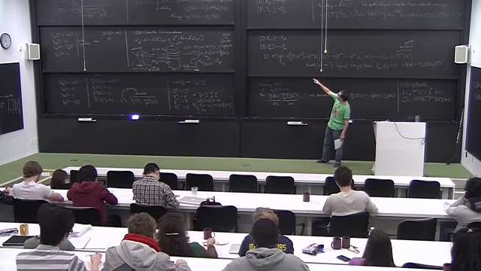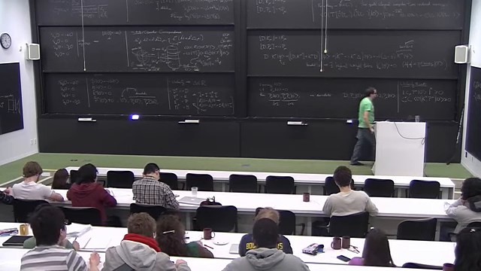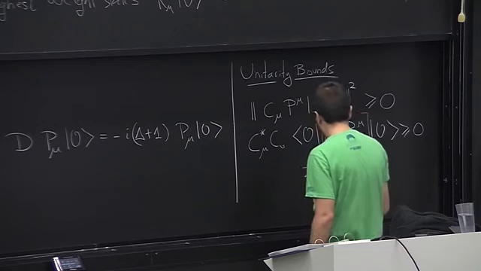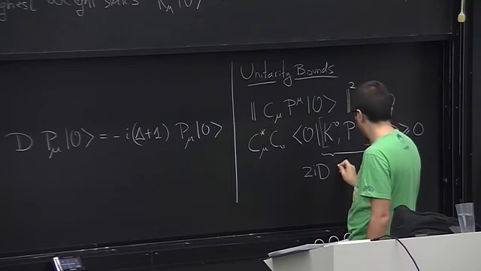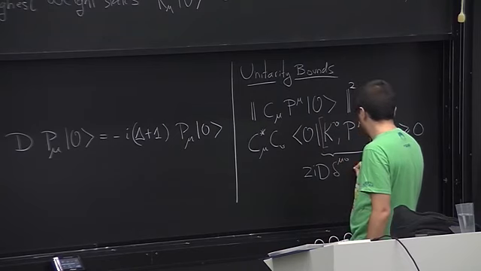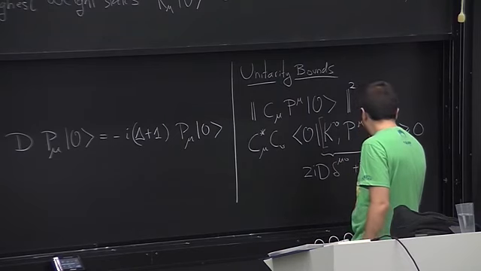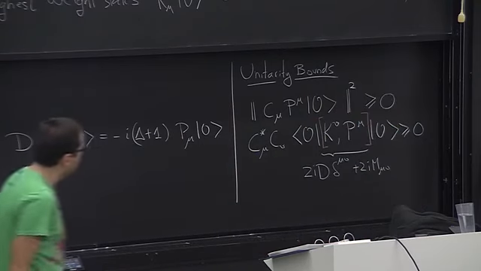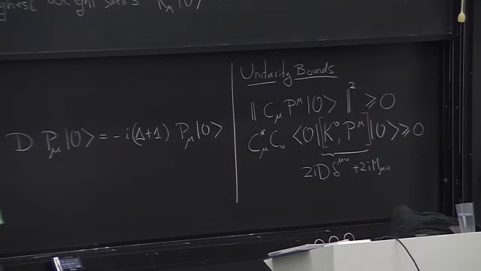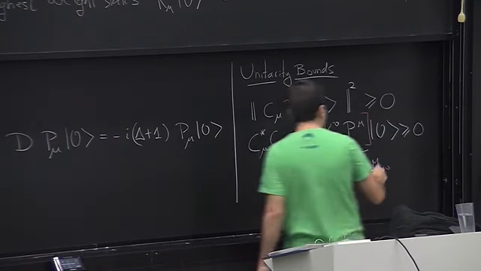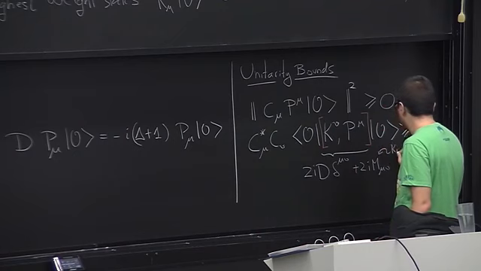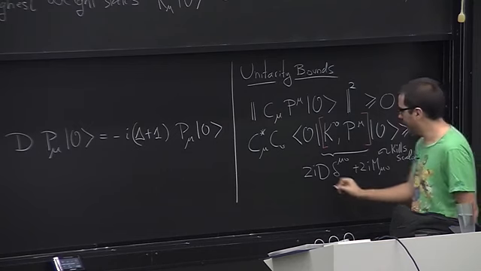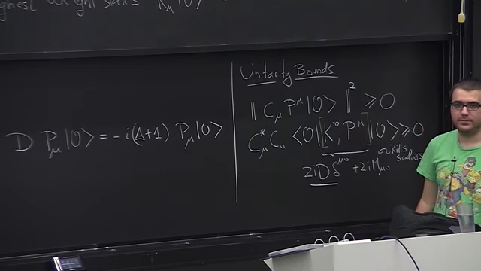And then I can use the commutation relation that I have at the very top to replace this by 2i delta times delta mu nu plus 2i M mu nu. And I can use the fact that M kills scalars because scalars don't rotate. So all that matters is this D. Okay.